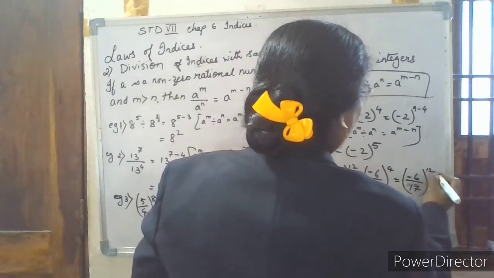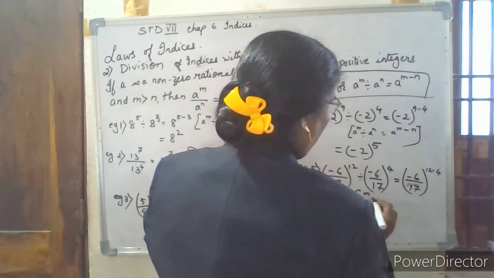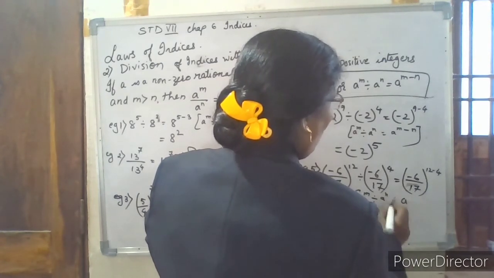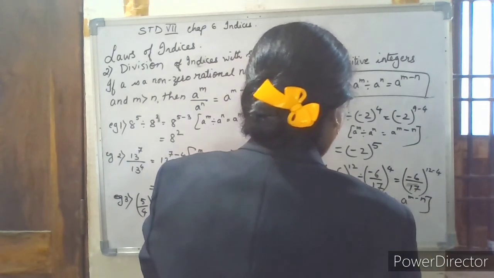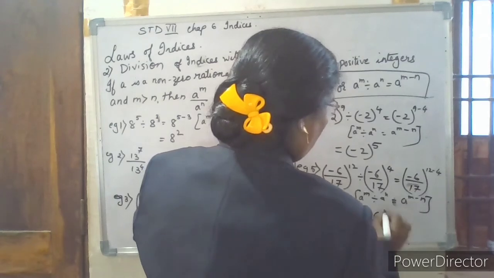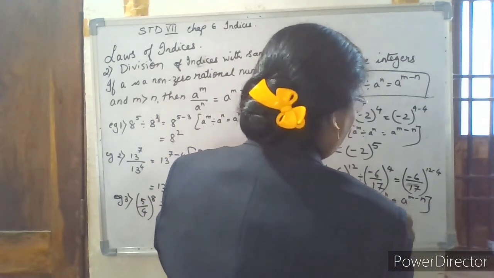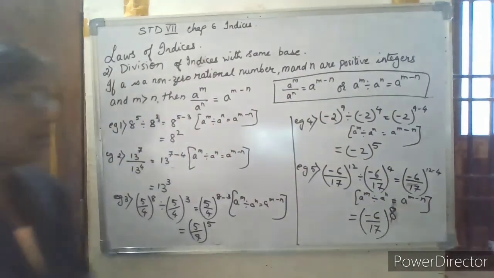We can do this because of the law a raised to m divided by a raised to n is equal to a raised to m minus n. That is equal to minus 6 by 17 the whole raised to 8, as 12 minus 4 is 8. In this way we solve division of indices when m is greater than n.